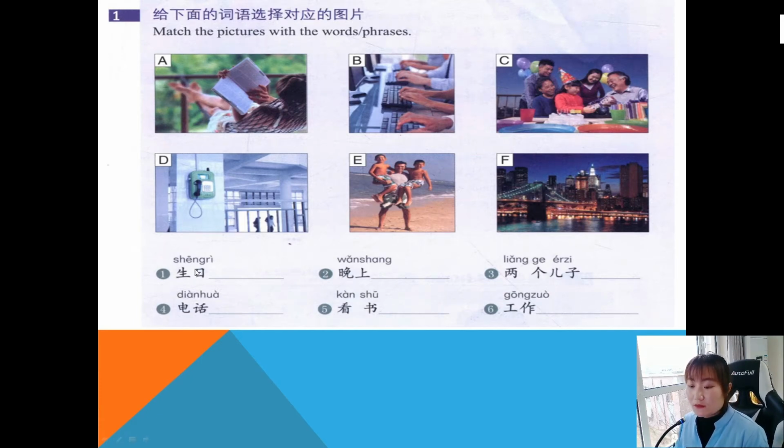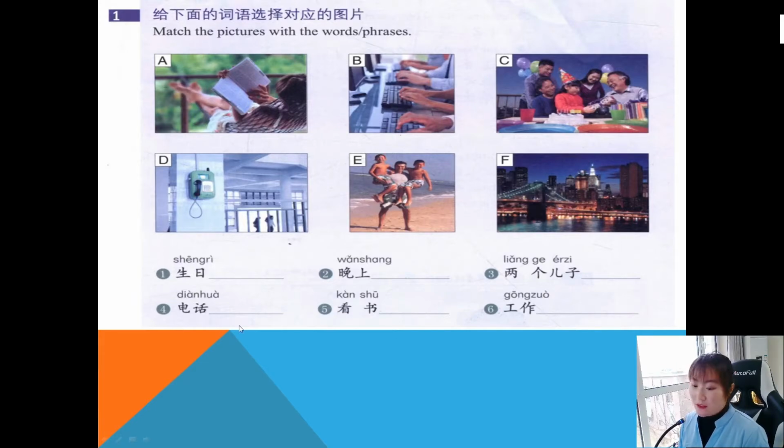So first one, 生日，生日。So that means birthday. Choose C, right? And number 2, 晚上，晚上。That means evening, 晚上。So choose F. And next one, 两个儿子，两个儿子。So that means 2 sons.